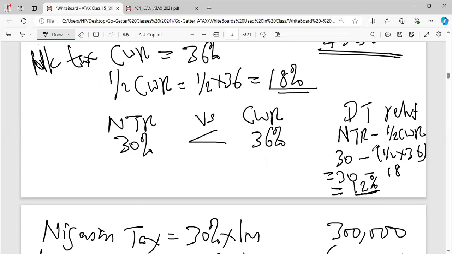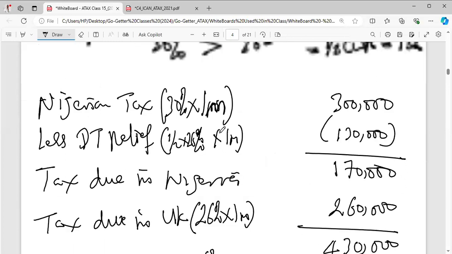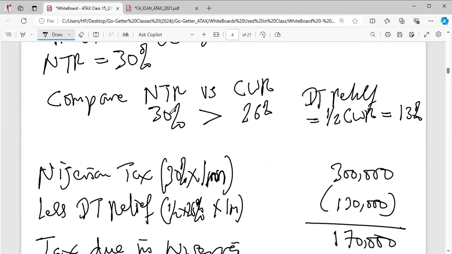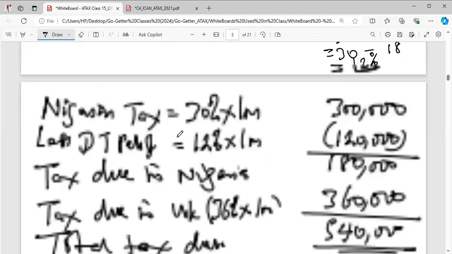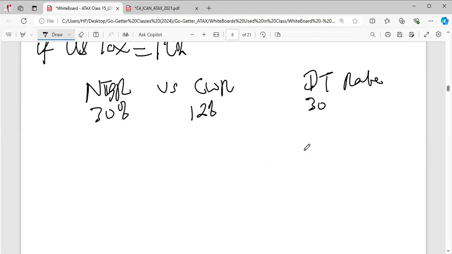Okay. Oh yeah, we did it well. Nigerian tax is higher than the US. The US taxes, we take half. In the same way too, Nigerian tax is still higher than that. We are going to be using half of this, which gives us half of 12%, which is 6%.